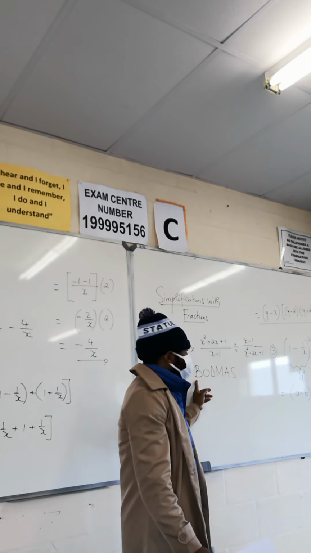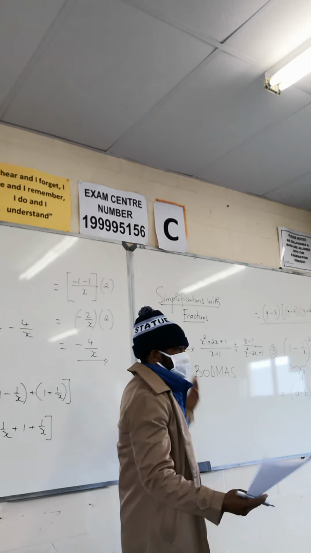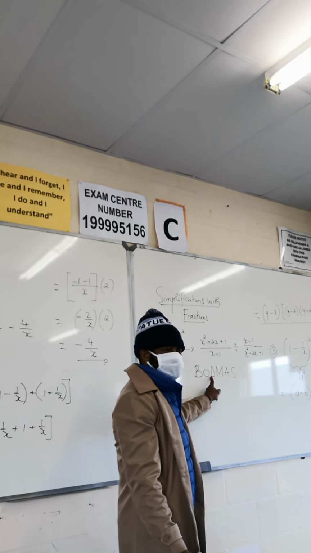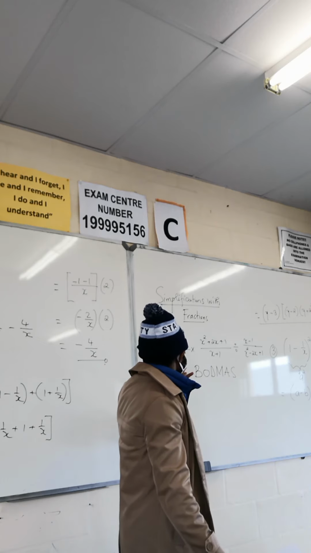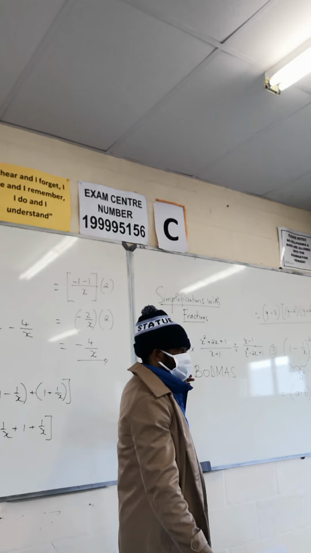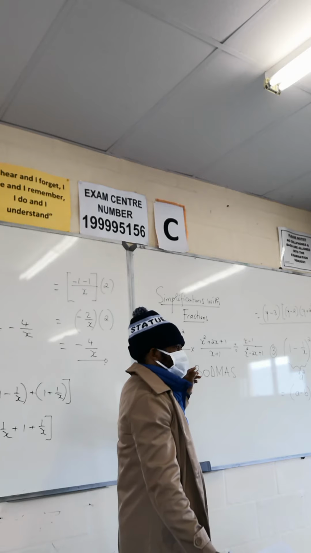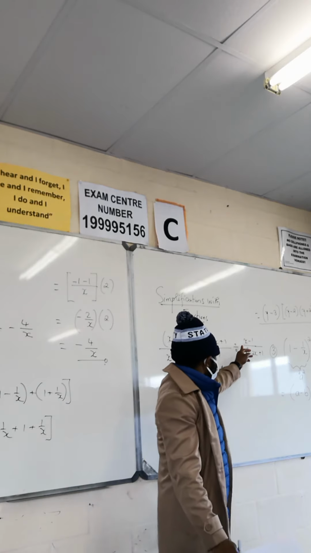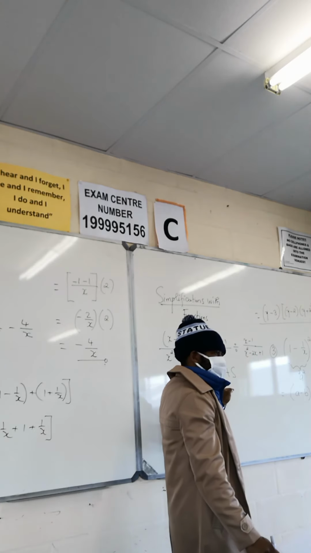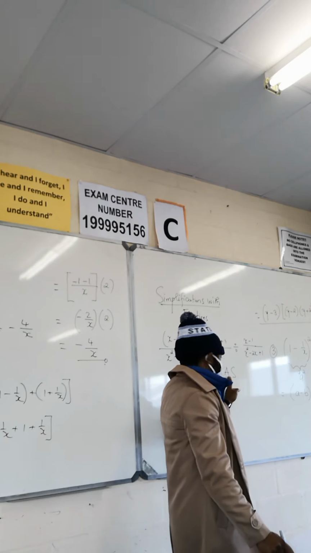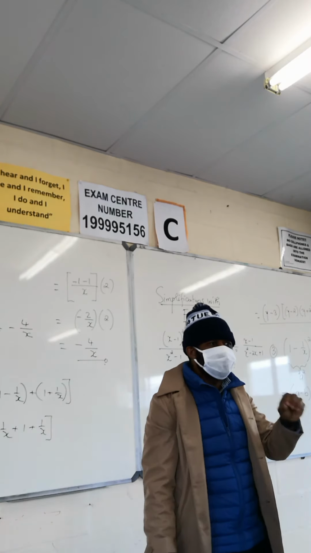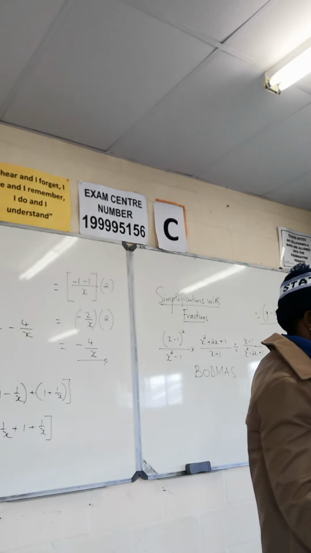Bracket. There is only one bracket here, I can't simplify it. Of what? Division. I can start first with division. Can you see? Division, multiplication, addition, and subtraction. So you first need to recall those small pieces of information.